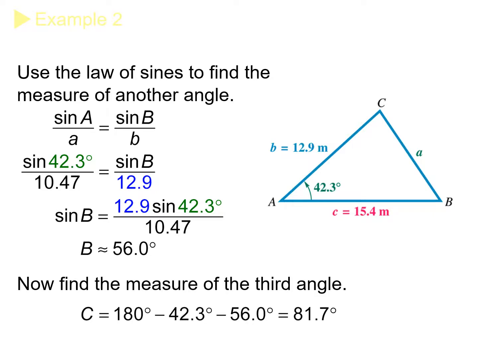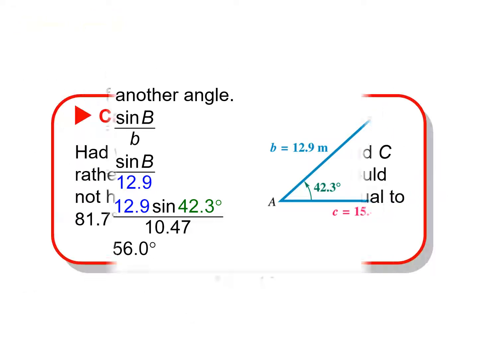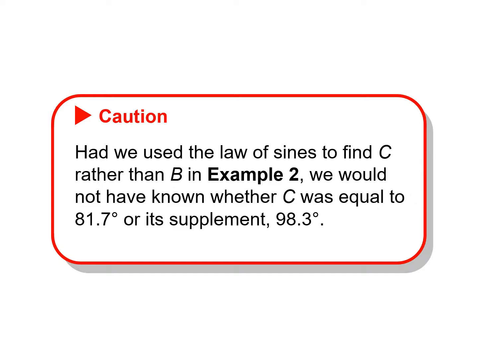Now let's find the measure of the third angle, C, by subtracting the two known angles from 180, and I get 81.7 degrees. Now, had we used the law of sines to find C rather than B, we wouldn't have known whether C was equal to 81.7 or its supplement. So some of this is just trial and error.